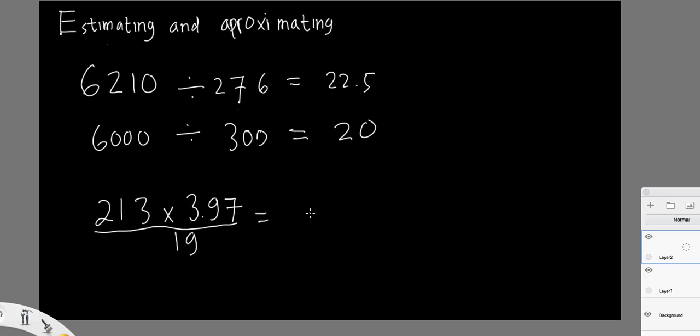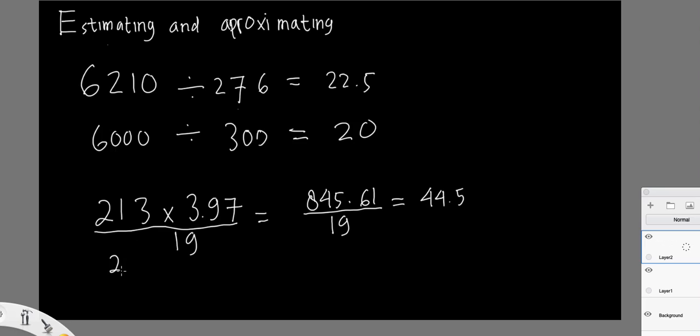We do the manual calculation first. 213 times 3.97 is about 845.61. We divide it by 19. The result is 44.5. Now we do the estimating way.